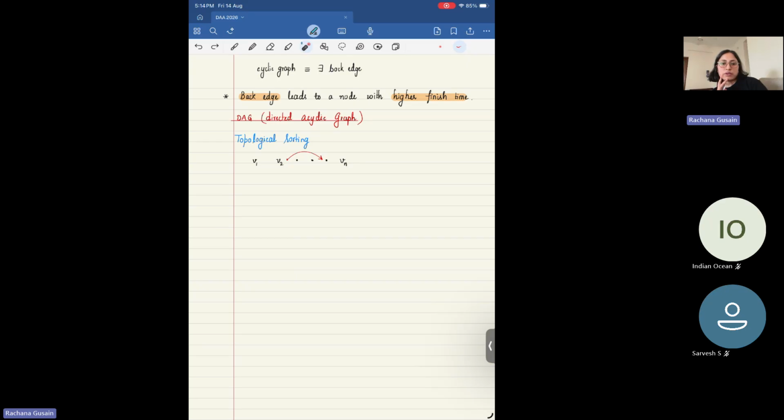Okay. What about Sagar? Can you answer this? Can we do topological sorting using DFS? Yes.